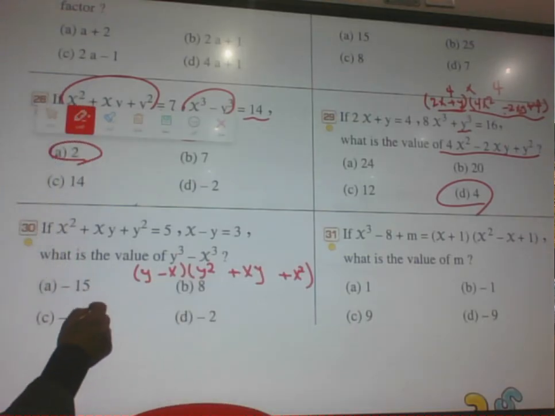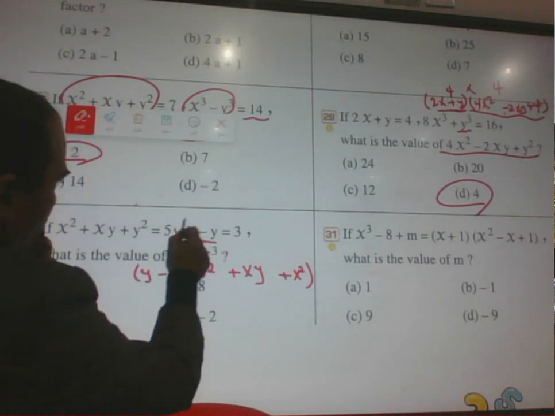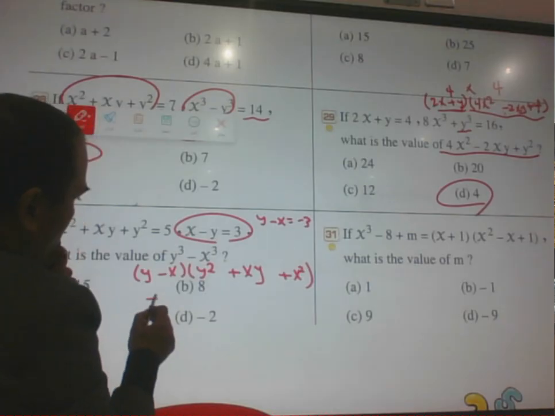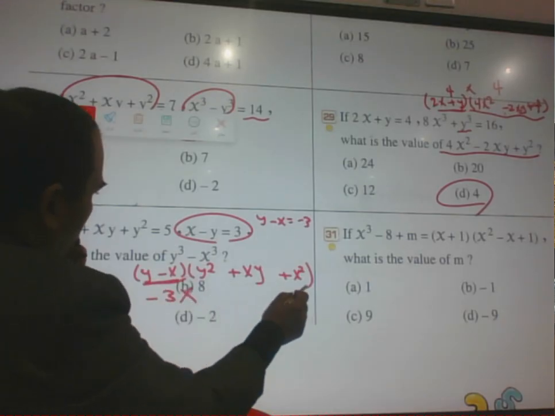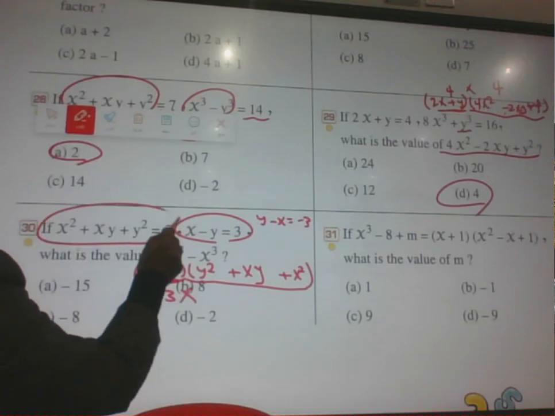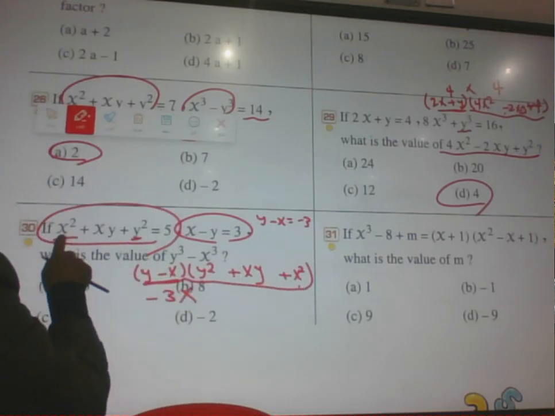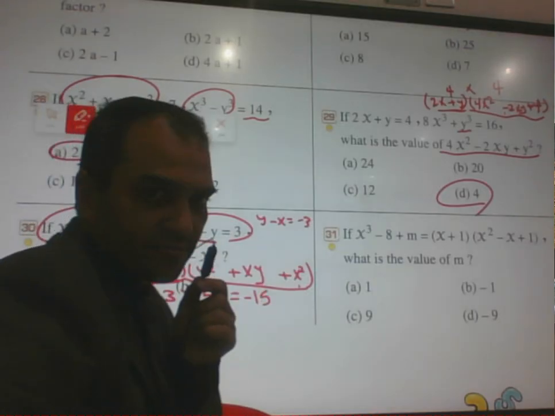He gives me the value. He asked about the value of this. Look here, we have x − y, then y − x is the additive inverse, so it will be negative 3. Then the value of the first, y − x, will be negative 3. And the value of the bigger expression, he gives me x² + y² + xy, it's the same, the value was 5. Then negative 3 times 5 is negative 15.